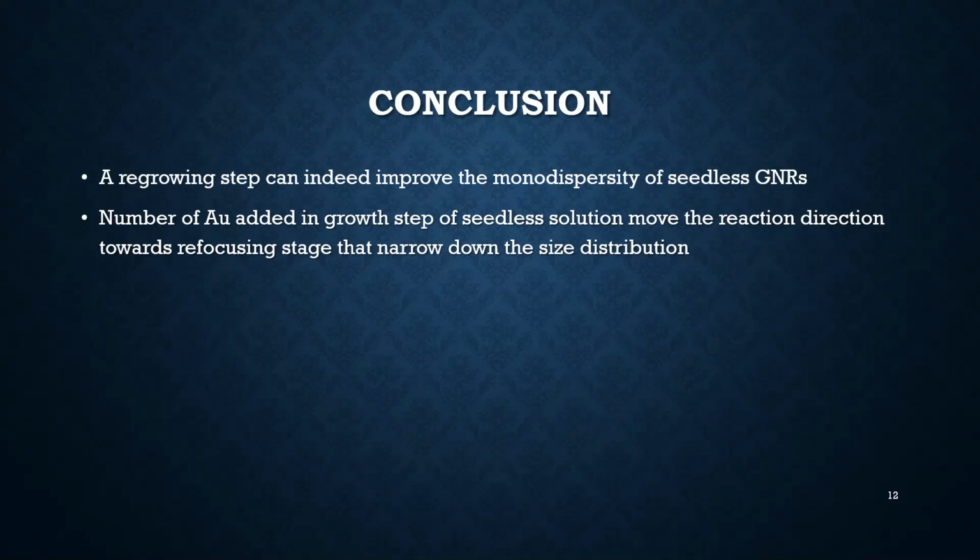Base or pH, CTAB and seedless gold nanorods solution ratio, and the seedless gold nanorods adjustments have all contributed to controlling the uniformity as predicted. With optimal concentration added, full width half maximum could be narrowed down to lower than 100 nanometer that shows high monodispersity.